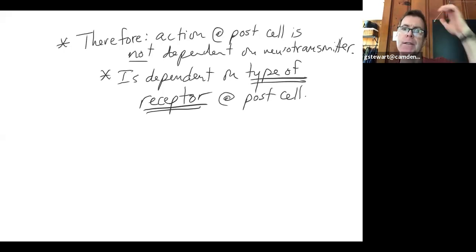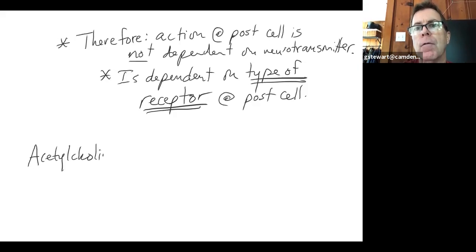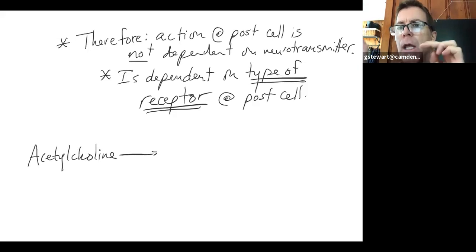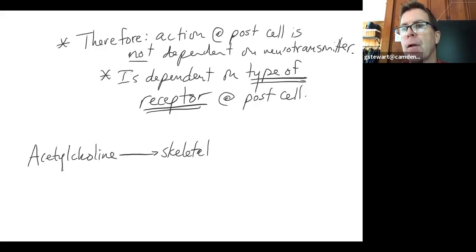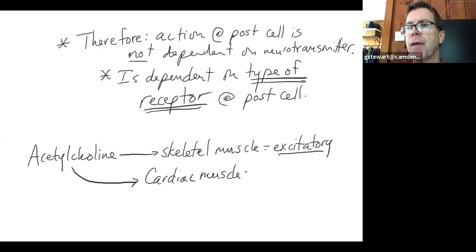Classic example is this. The neurotransmitter, the only one that we've been talking about, acetylcholine. When acetylcholine is released onto skeletal muscle from our last unit, it's excitatory. It causes that muscle cell to contract. The exact same neurotransmitter, acetylcholine, when it's released onto cardiac muscle, guess what?